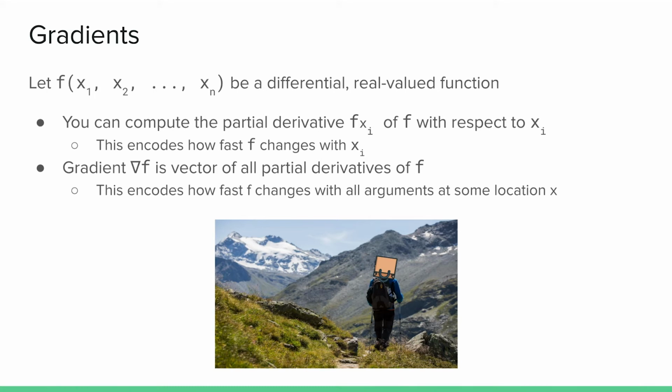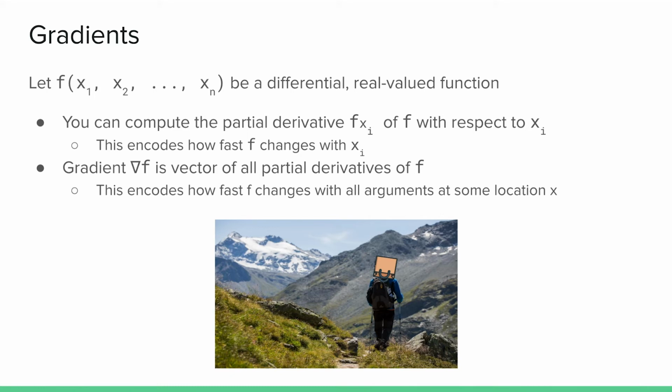Now we take the partial derivative not just of xi, but of x1, x2, of all of our inputs, of the entire x, for all of our parameters, and then we can determine how fast our loss changes with respect to every single parameter of our model.